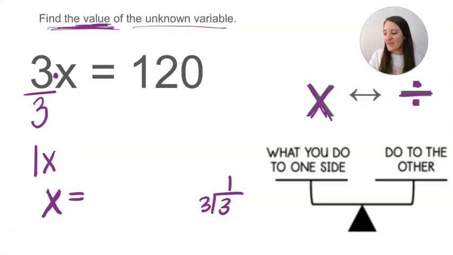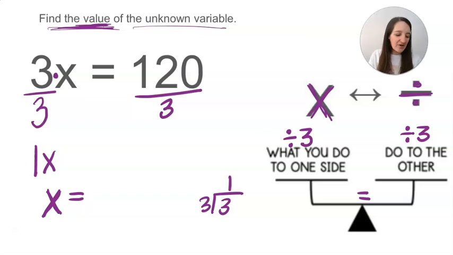Step 2, if we divide by 3 on one side, we need to make sure to keep it equal and divide by 3 on the other side. So we need to figure out what 120 divided by 3 will be. And that is 40.